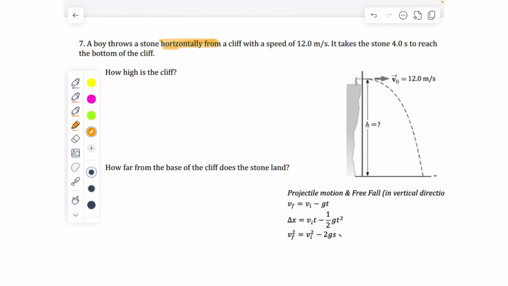This is a very important term when we talk about projectile motion, because when a projectile is thrown horizontally, it means that the initial vertical velocity is equal to 0. So the speed that we have here, which is the 12 meters per second, is in fact the horizontal velocity of the projectile.